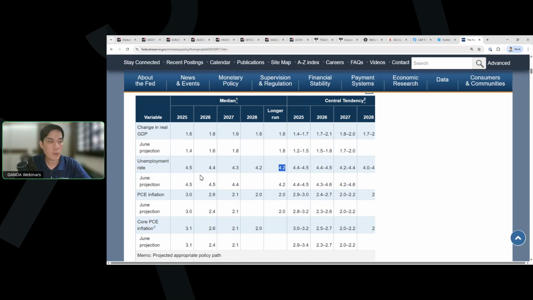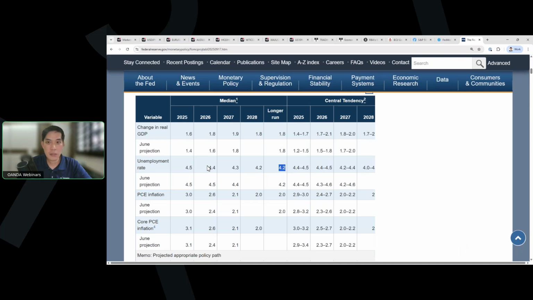So market participants will be gauging whether the dot plot will be revised downward for the unemployment rate for 2026, 2027, and 2028, and even in the longer run over here.